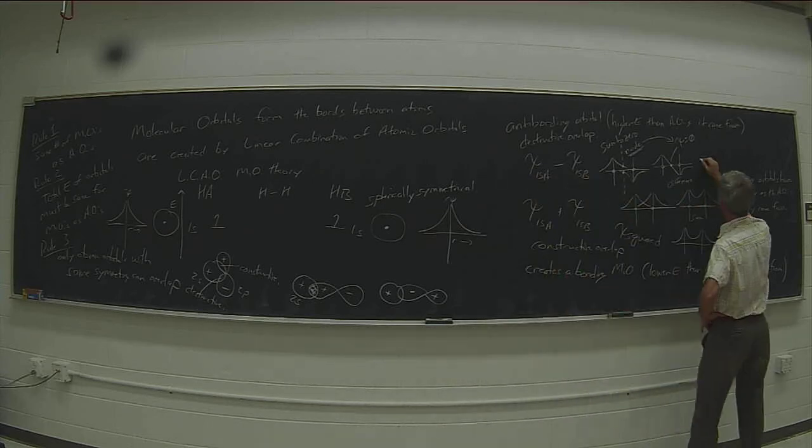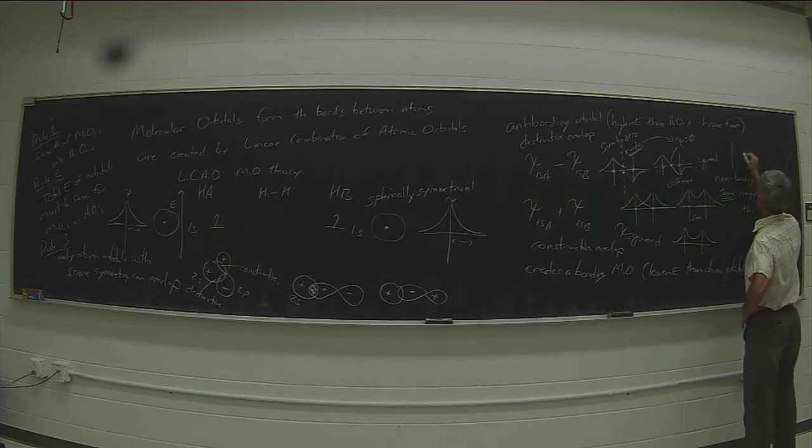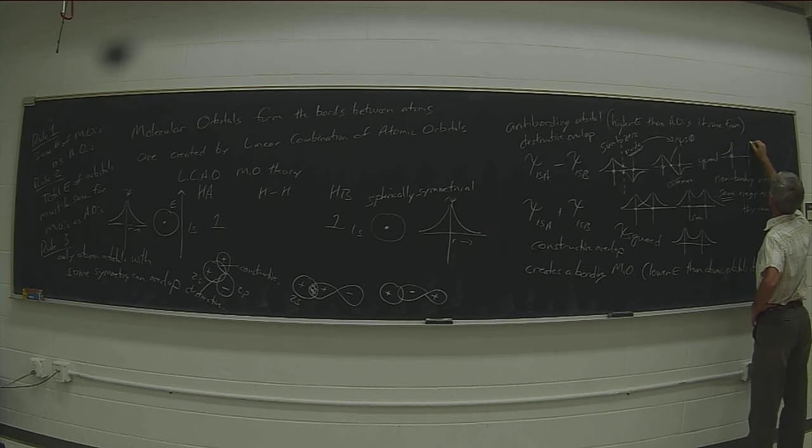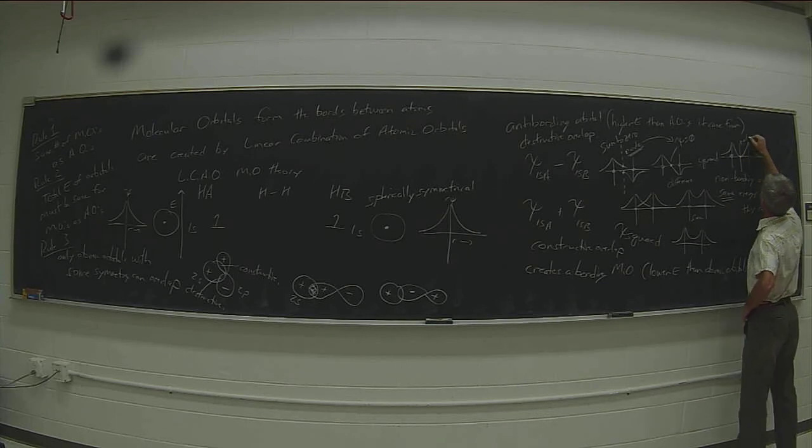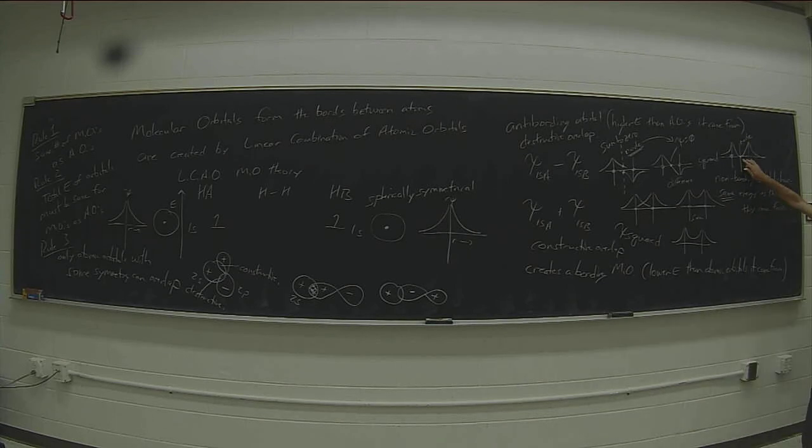And when we square this one, both of them are going to be upright. But we'll have a node, and it'll go to 0.